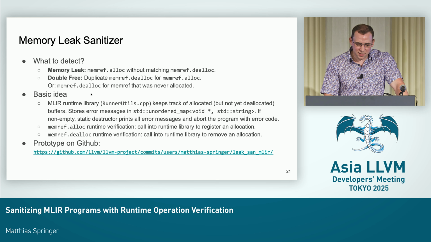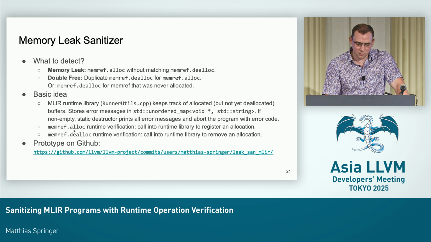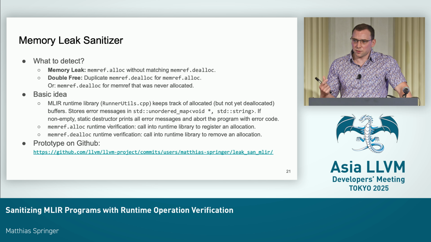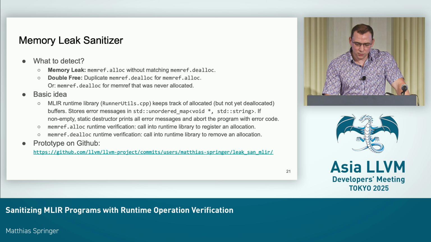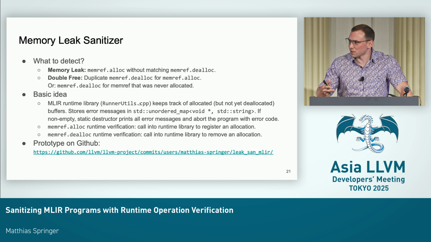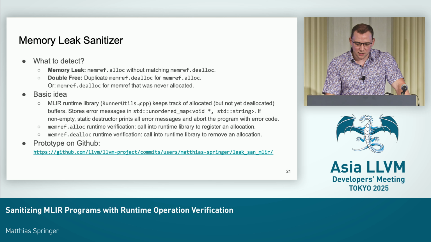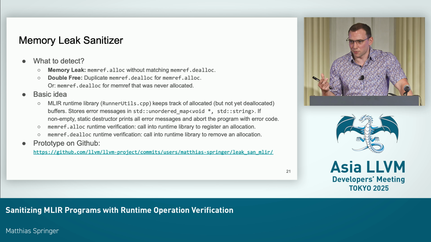The basic idea here is that we have a runtime verification implementation for both memref.alloc and memref.dealloc. And as part of the verification, we insert a call to runner utils.cpp, which is the MLIR runtime library for integration tests. That thing maintains a hash map of pointers or buffers that were allocated.